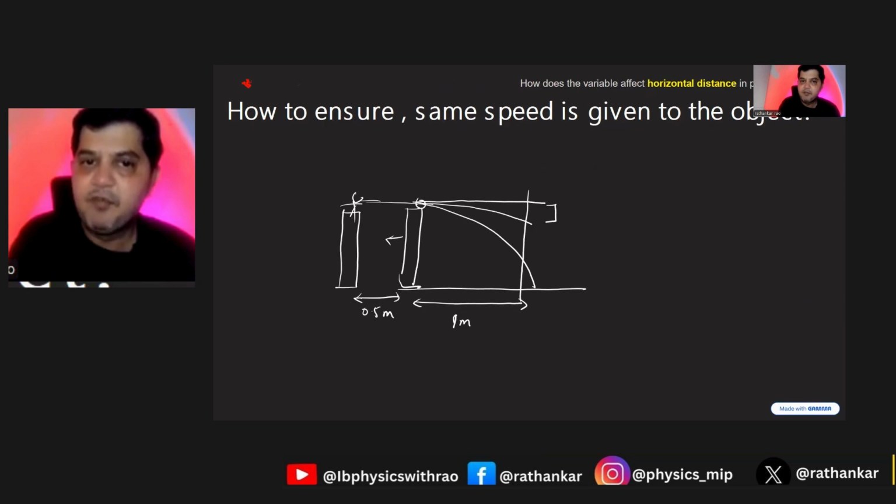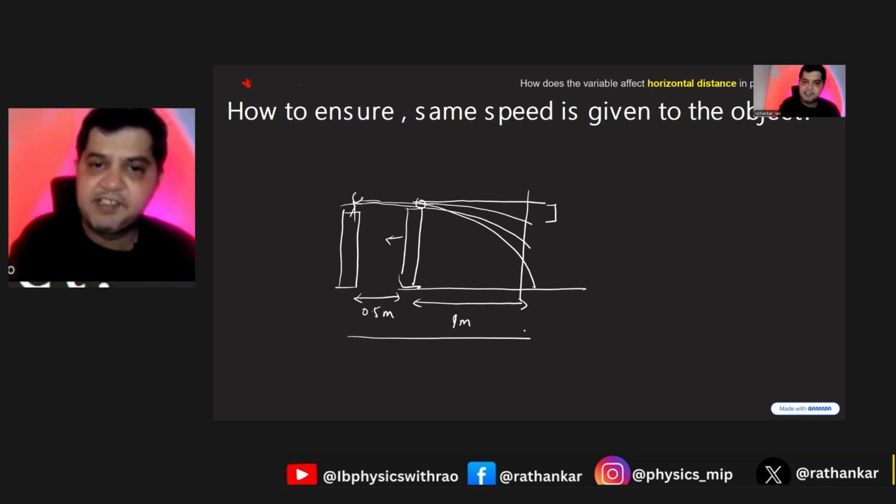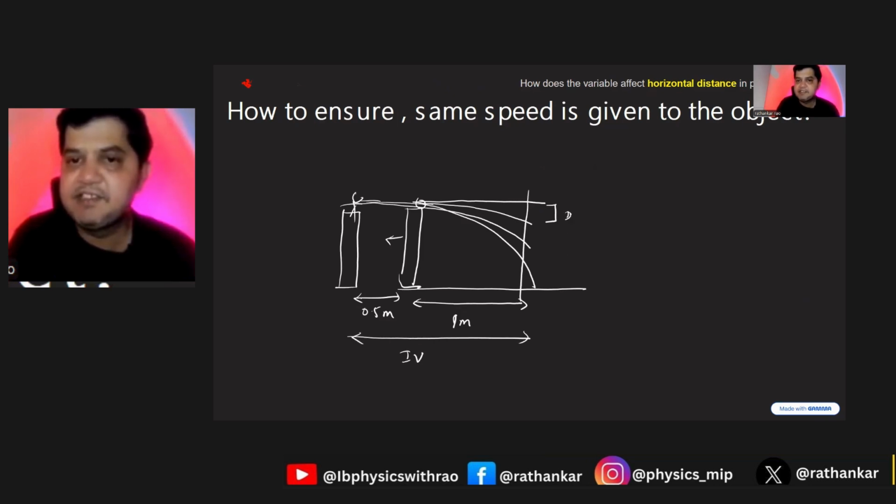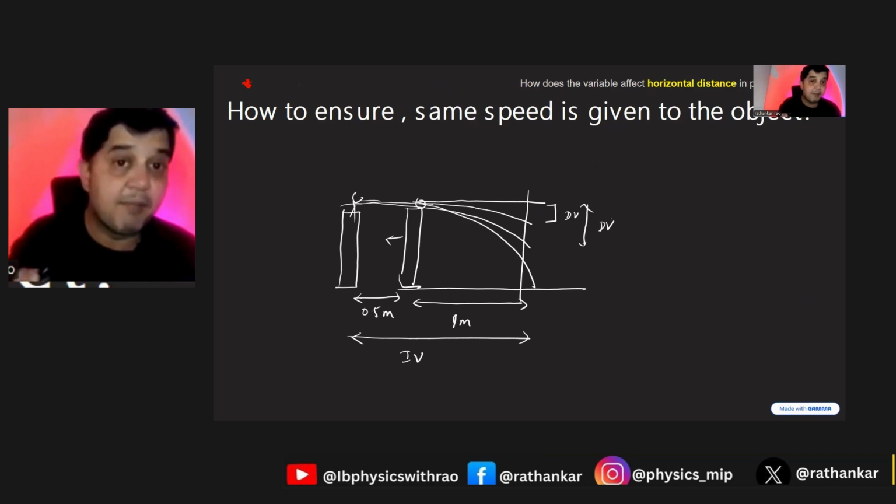When I move farther away, it gives a larger value. When I'm nearby to the screen, it gives a shorter value. So now I can also think about this distance as your independent variable, and this distance as your dependent variable. This also I can do, but there are several problems associated with this.